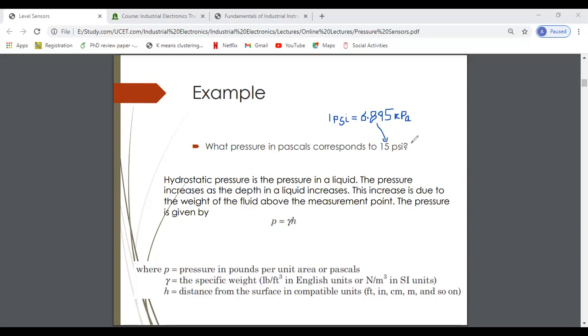Then the answer will be equal to 102.9 kilopascals.